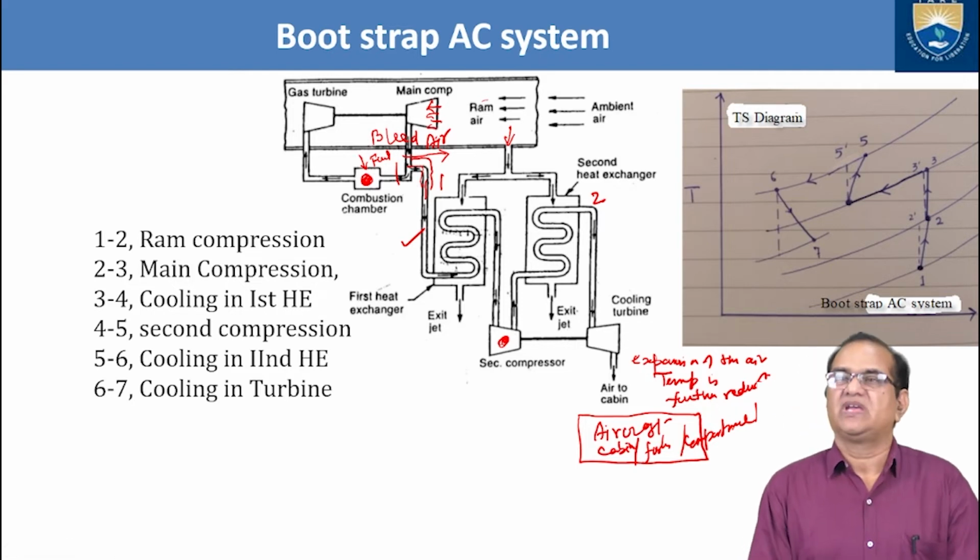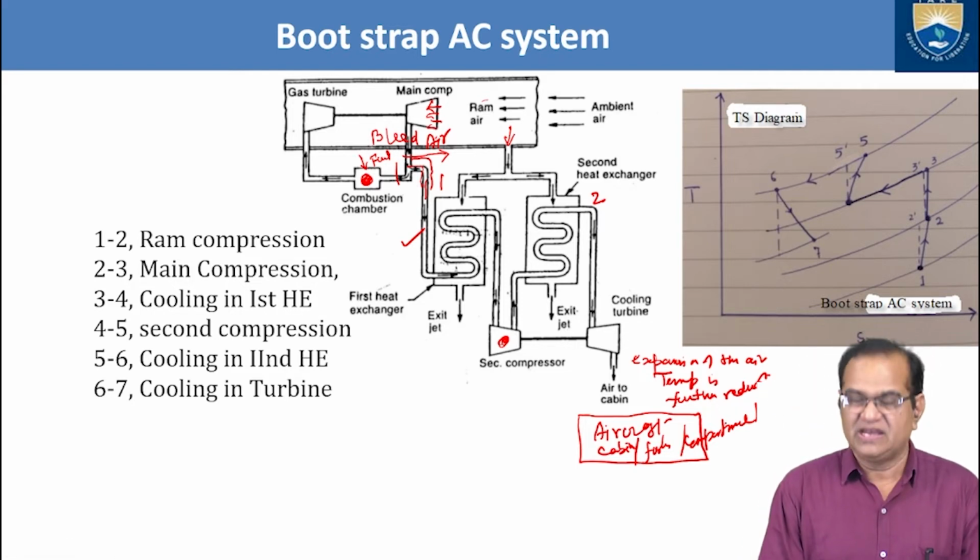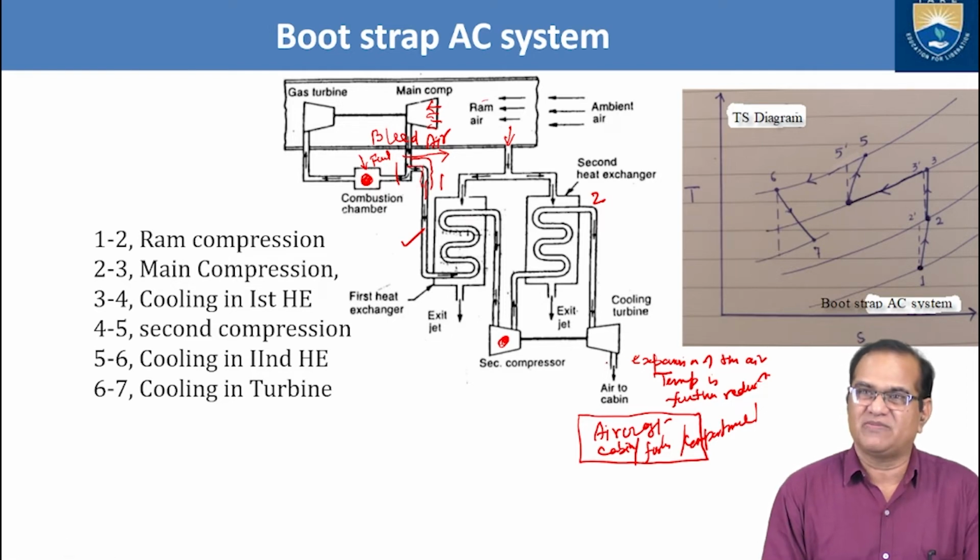So in this way we can get a low temperature with the help of the turbine, and the work produced by this turbine is used to rotate this compressor. Okay, so we don't need any external power for this.